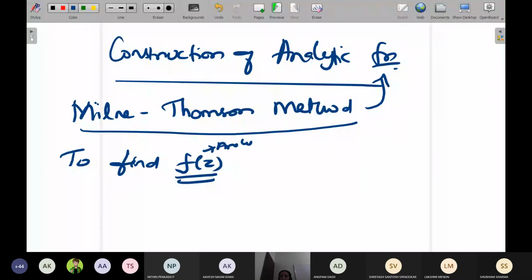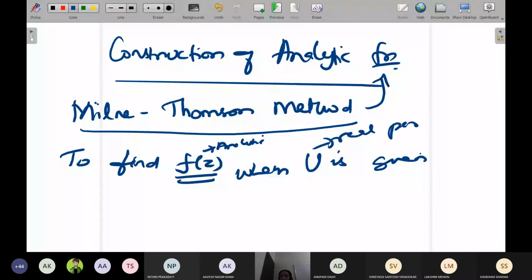To find f of z when u is given, that is, the real part is given. Okay, to find the analytic function, I'll write small u. Now what is given, dear? u is given. Remember, the real part is given. You have to construct the analytic function.